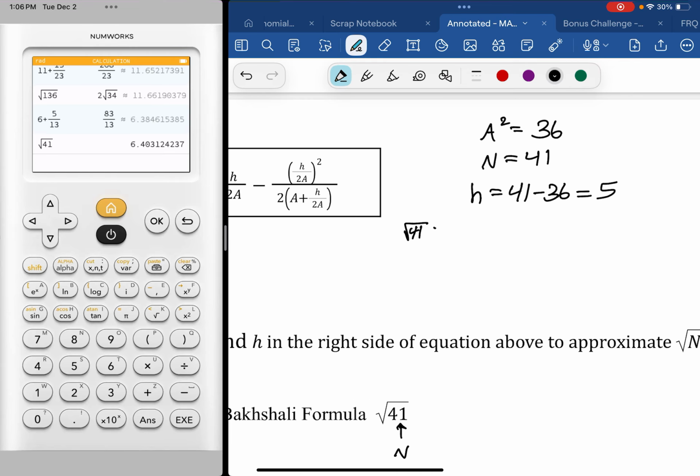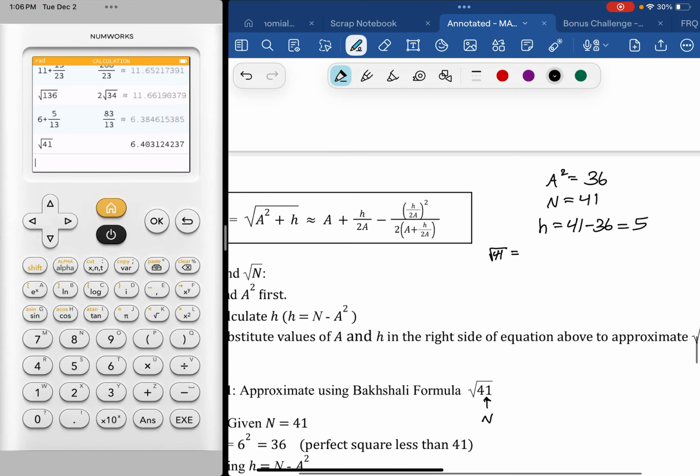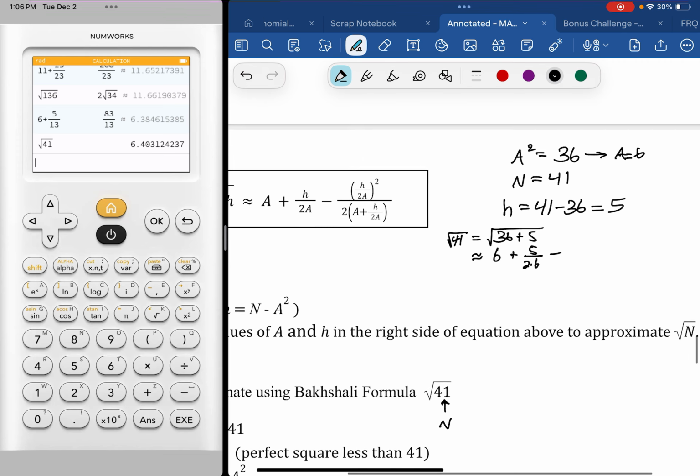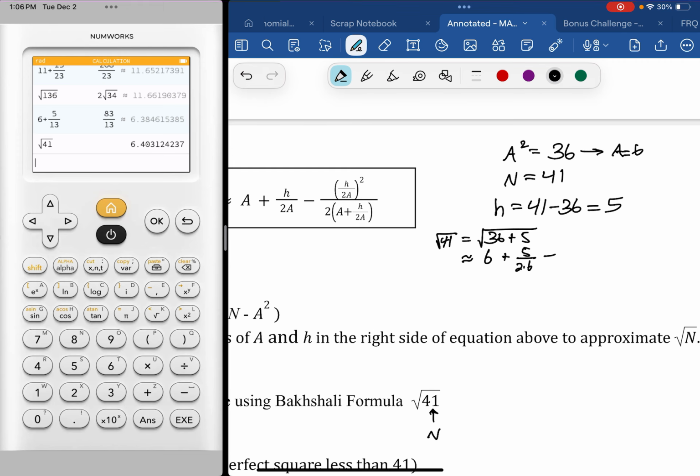So the square root of 41 is equal to the square root of 36 plus 5, and that's going to be approximately equal to 6, right? So if a squared is 36 and a is equal to 6, plus 5 over 2 times 6. And that right there would give you a reasonable approximation.